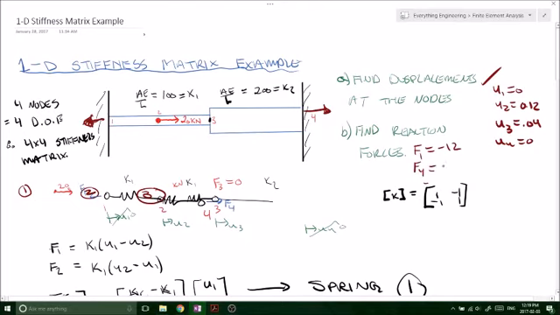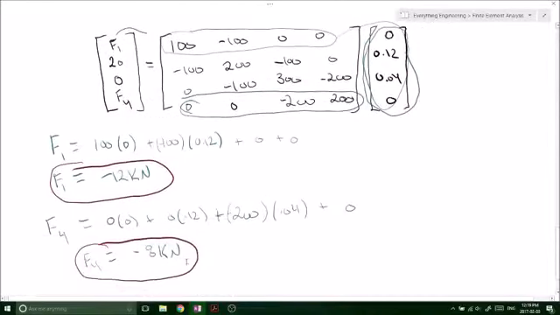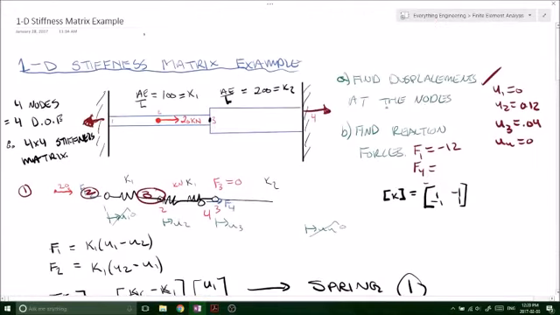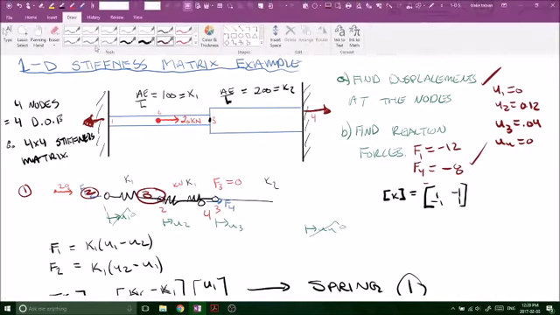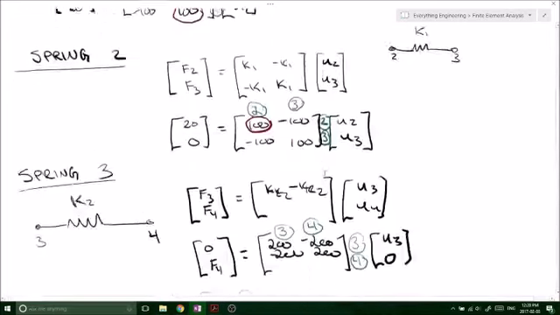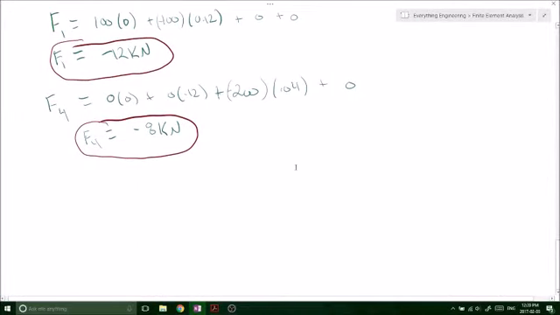And F4 is equal to negative 8. That makes sense because our 20 is going to the right, and therefore our reactions should all be going left. Okay, so that makes sense. And there you have it. We just solved the support reactions and our nodal displacements using the stiffness matrix.